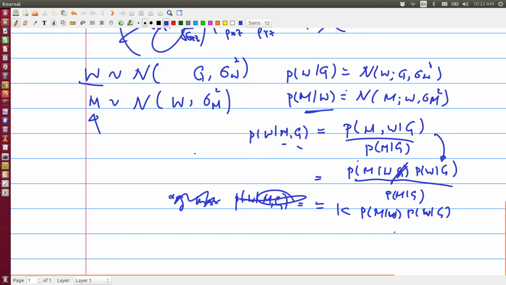For Gaussians, we know that if we multiply these two guys, if you remember, when we multiply two Gaussian distributions, it will still be Gaussian-like.